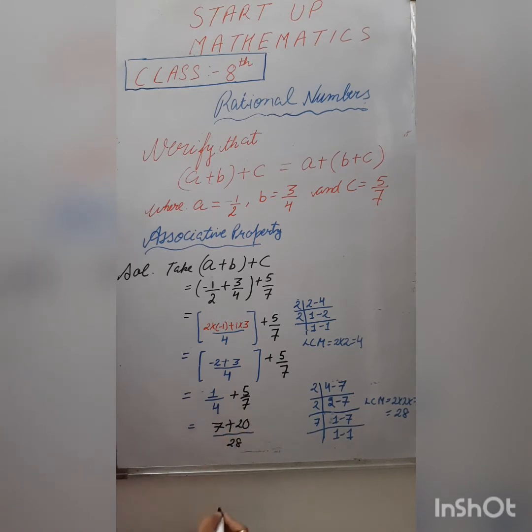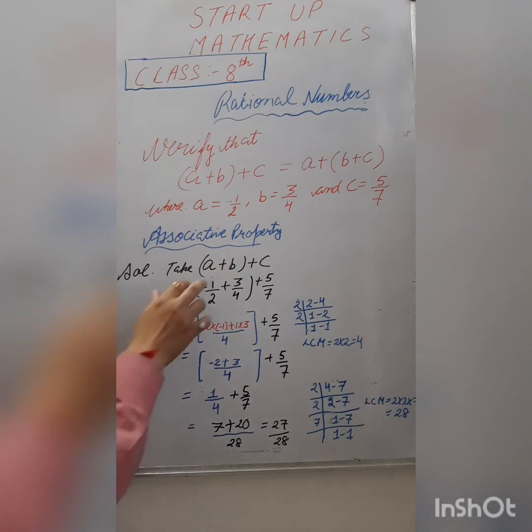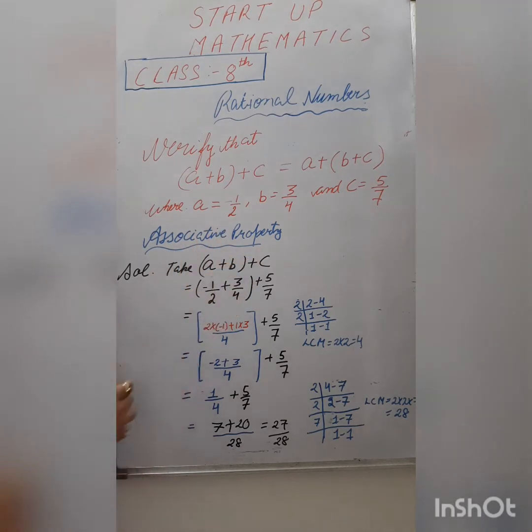So add these numbers in the numerator part: 7 plus 20 becomes 27, and the denominator 28 as it is. Right. So this is the first order in which we are adding the three rational numbers by grouping the first two rational numbers, and the addition of these two rational numbers is added to the third rational number.